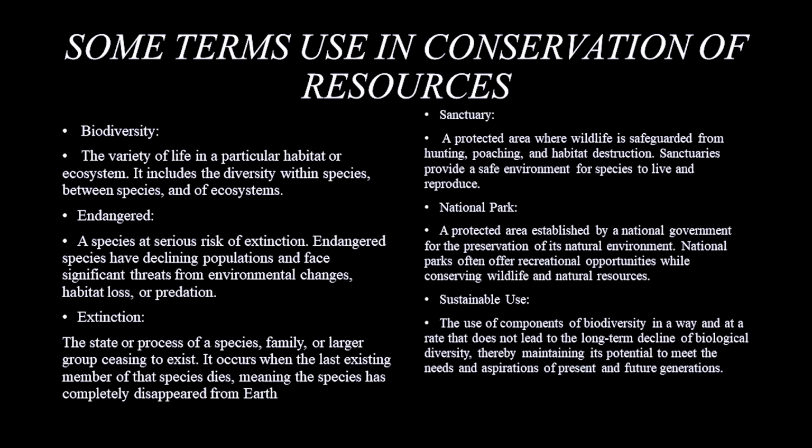The next one is endangered species. These are species that are on the brink of being extinct, that we don't see them, that are in danger, because their population is being reduced day by day.